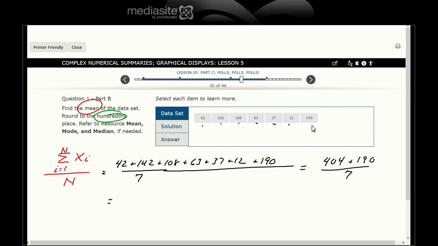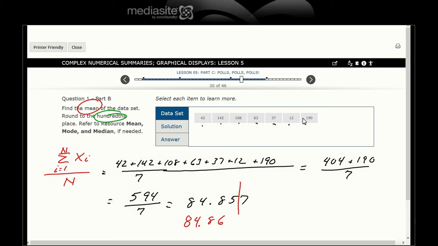So that's 404 plus 190, which is 594 over 7, or 84.857. There's hundredths. So greater than 5, so we'll round up to 6.